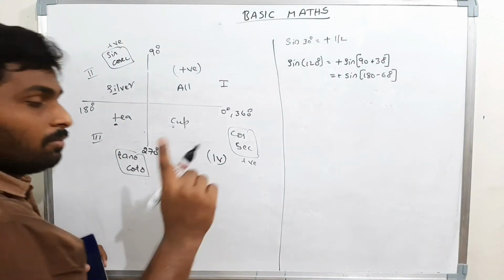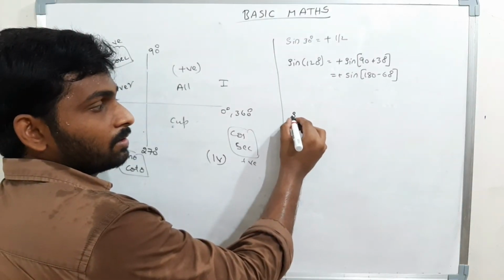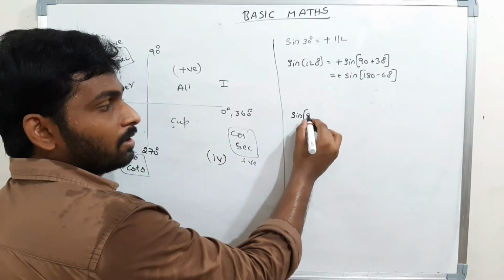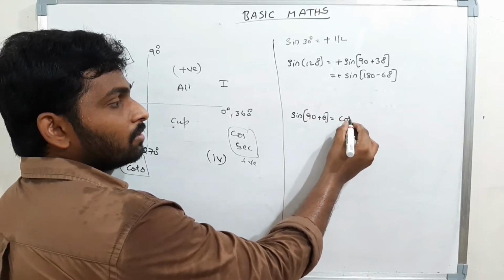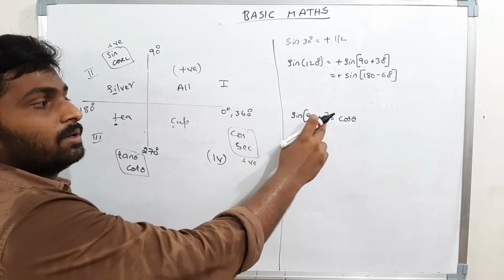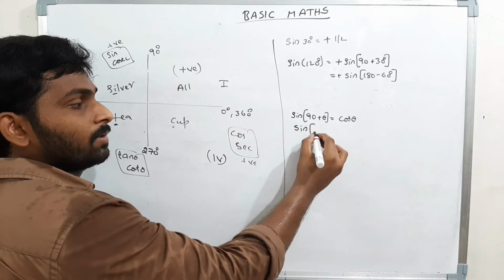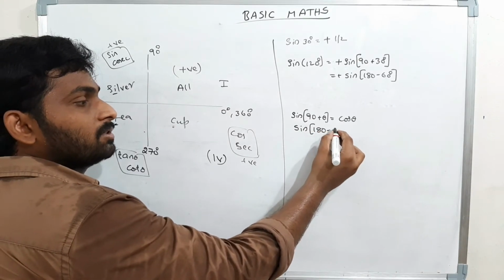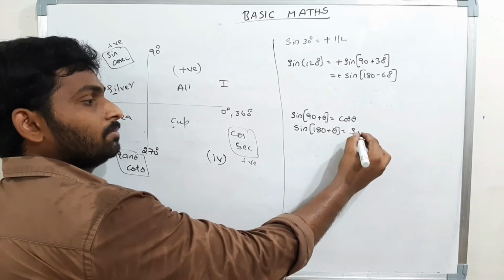Now one more thing, please remember this carefully. Sine (90 plus theta) is equal to cos theta, and sine (180 plus theta) is equal to minus sin theta.